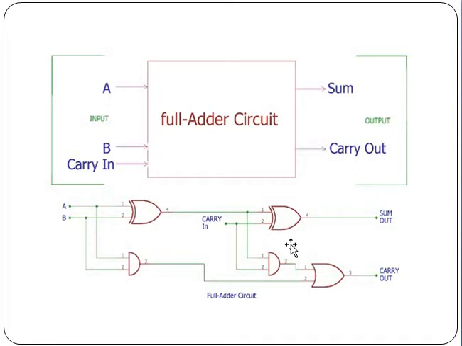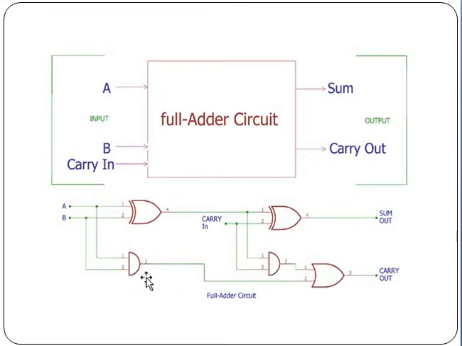The circuit diagram of a full adder. Here there are two XOR gates, two AND gates and an OR gate. The first XOR gate's output is given to the second XOR gate's input, and the XOR gate's output is also given as the input to the AND gate.